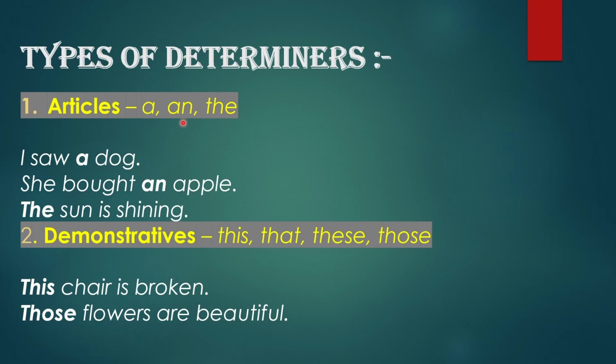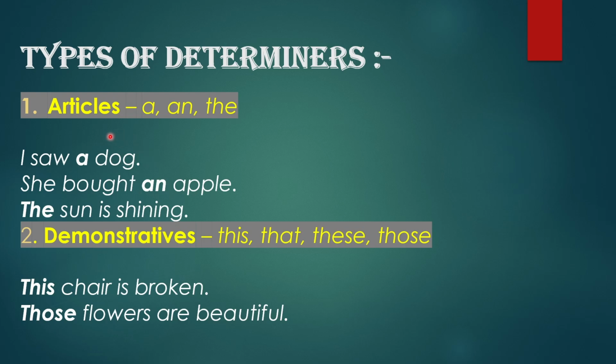So, to introduce a new or non-specific noun or to indicate one item among many, we use a or an, right? For example, I saw a dog. We are talking about a dog which is not mentioned earlier, and dog is singular.